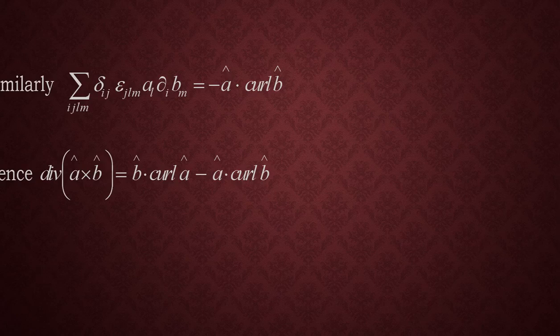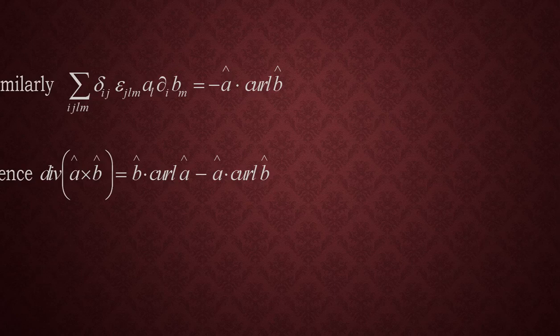Sigma suffix ijlm delta ij epsilon suffix jlm Al dou i Bm. Here, in proving, we shift the suffixes of the Levi-Civita symbol in the anti-clockwise direction.